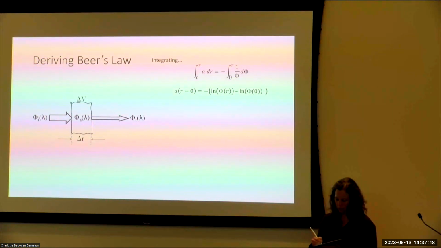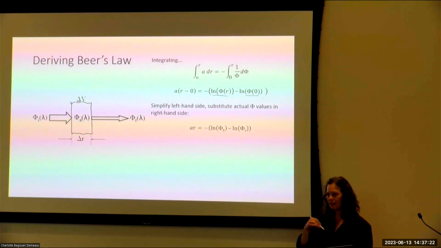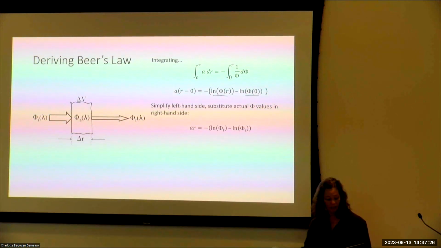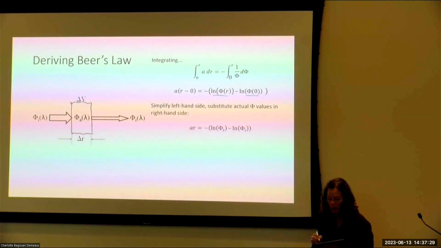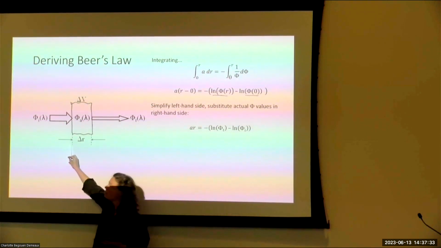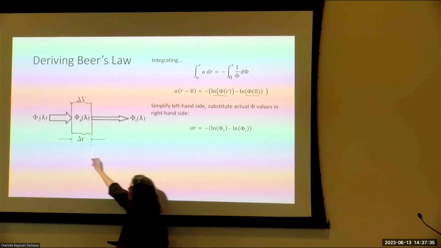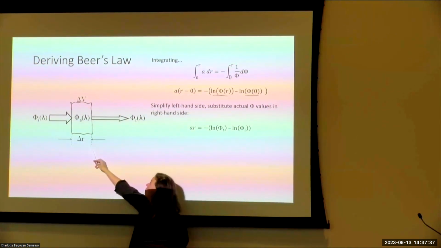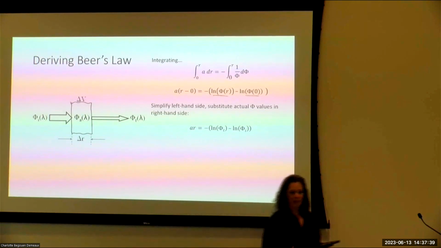So the different term. Now, we can simplify the left-hand side, and we can substitute the actual radiance values on the right-hand side. So we know that the radiance at r is 0, the initial point, and the radiance at r is the transmitted.